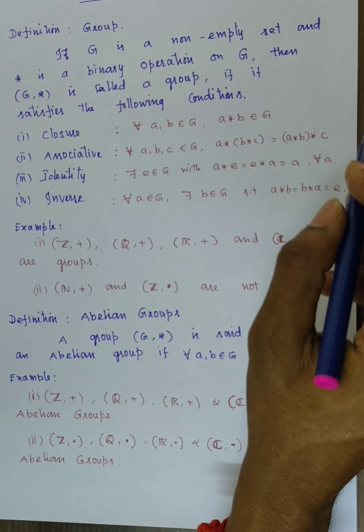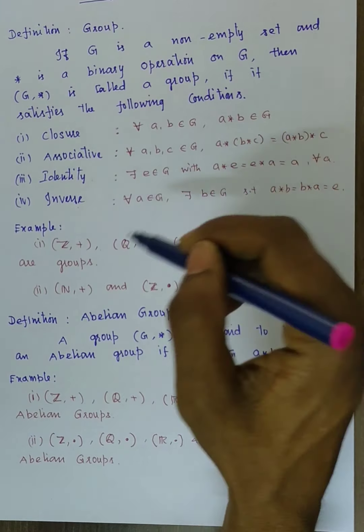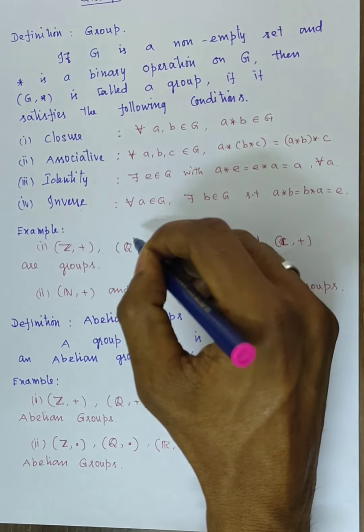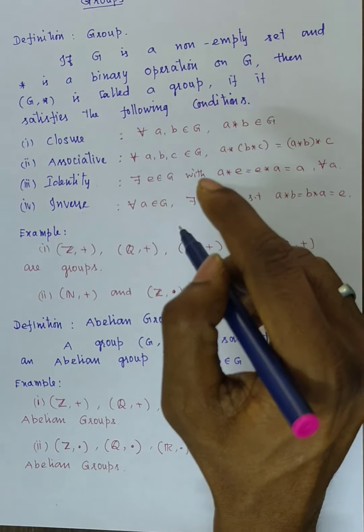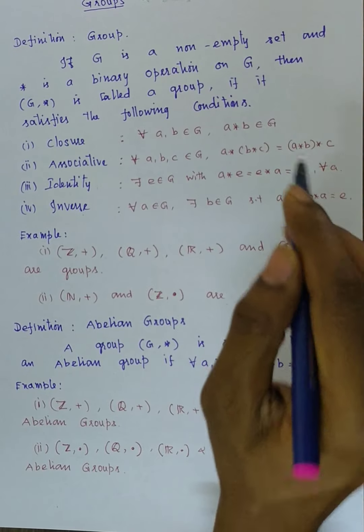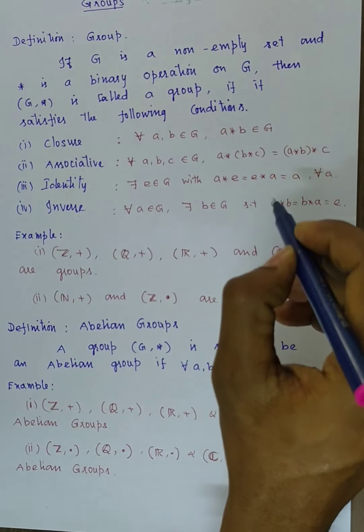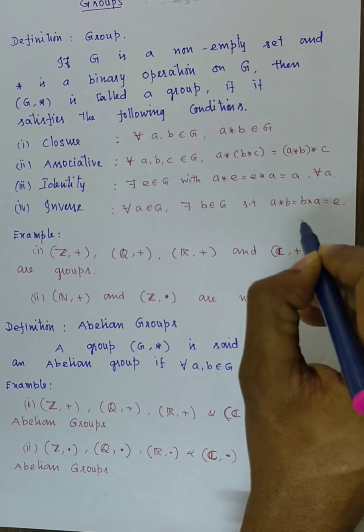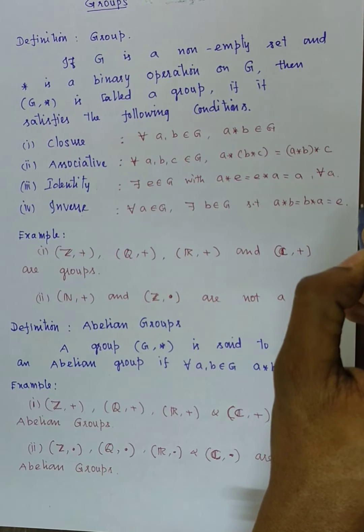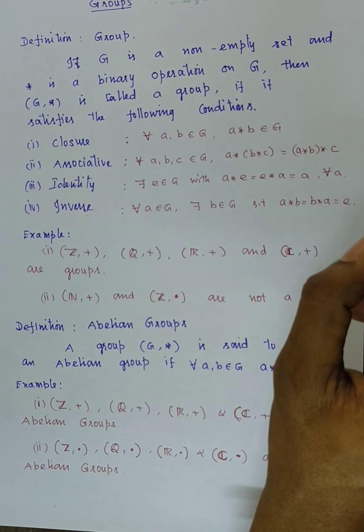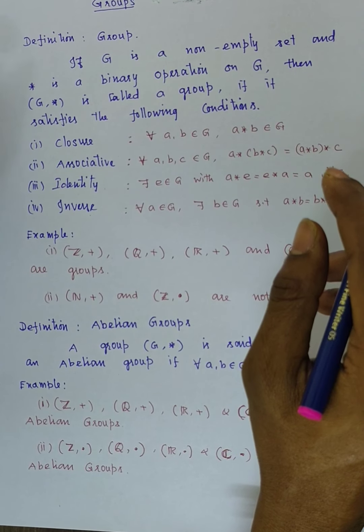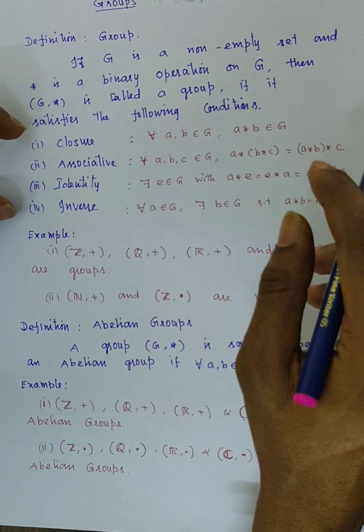That's called the identity element. And then inverse. Inverse means for all a in G there exists b in G such that a star b is equal to b star a is equal to the identity. That is, a set with a binary operation satisfying these four conditions is called a group.